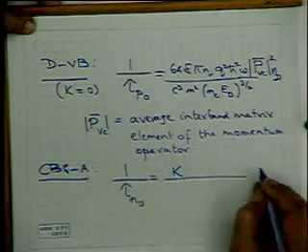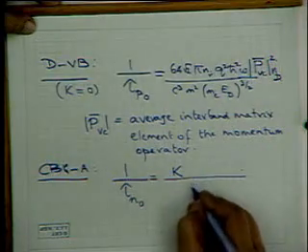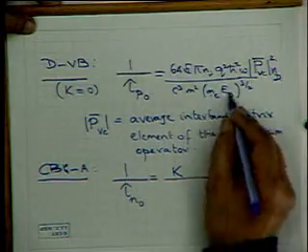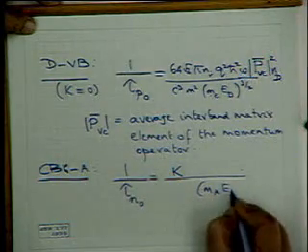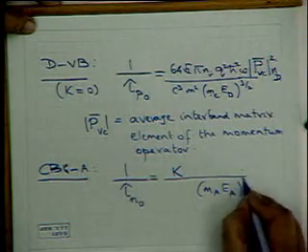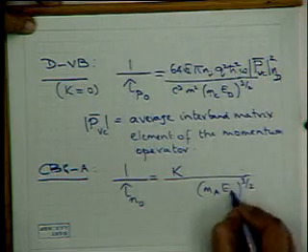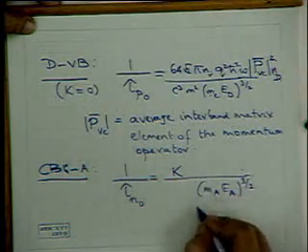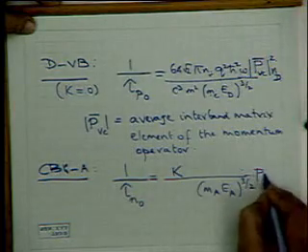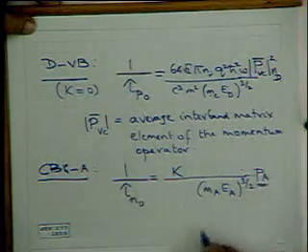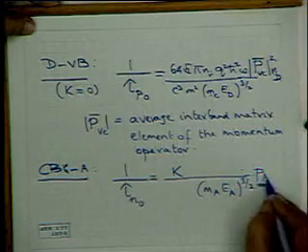The only difference is that here we have MA EA to the power 3 by 2 corresponding to the acceptor ionization energy, and we have PA, the concentration of holes in the acceptor level.